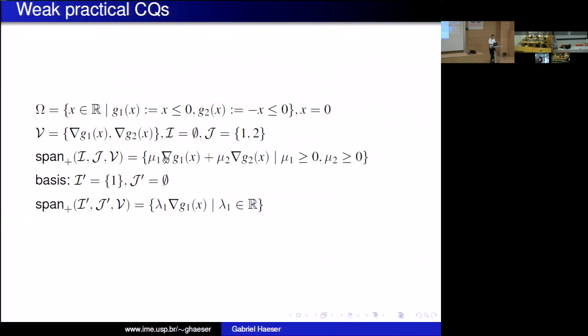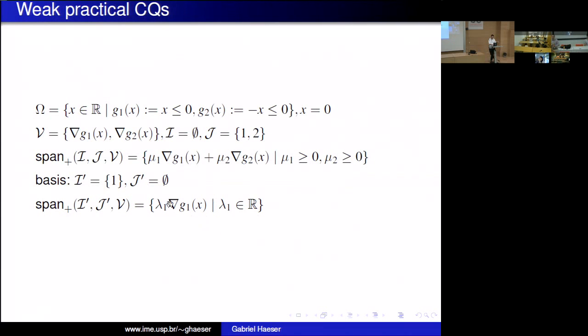So in order to get a basis, you have to do this. You have to move one of these inequality constraints to the equality set here. So I will take one as the basis, as an equality, and I will remove the other one from J. So now, if I write here the positive span of this index set, it's an unrestricted multiple of 1.